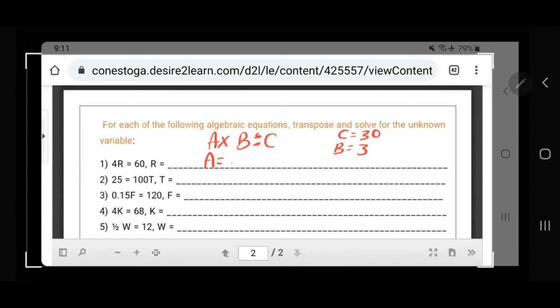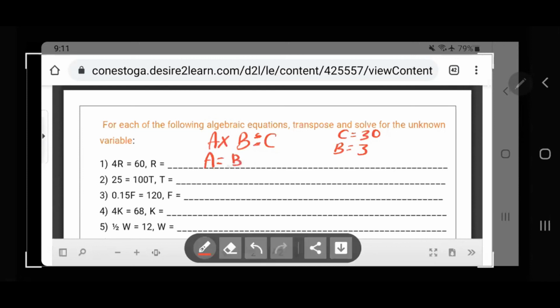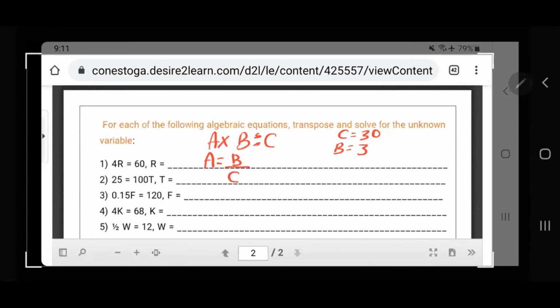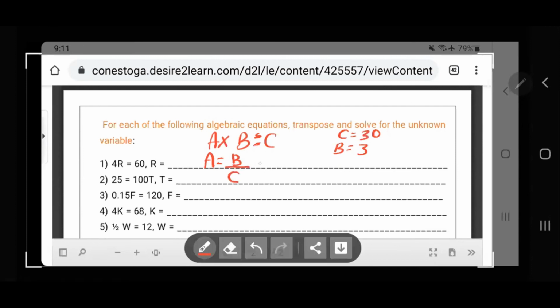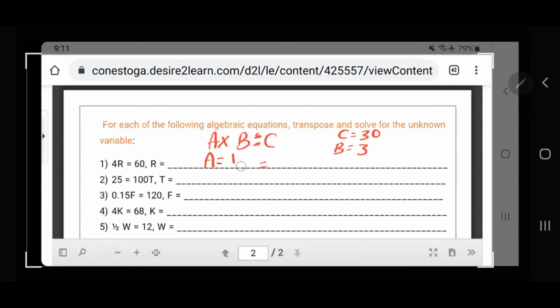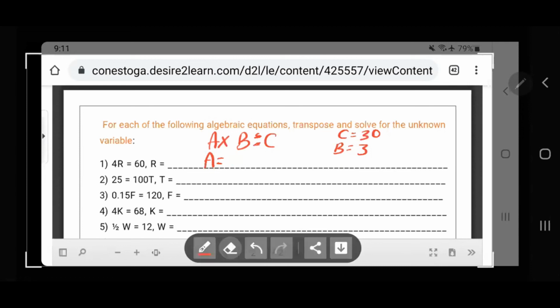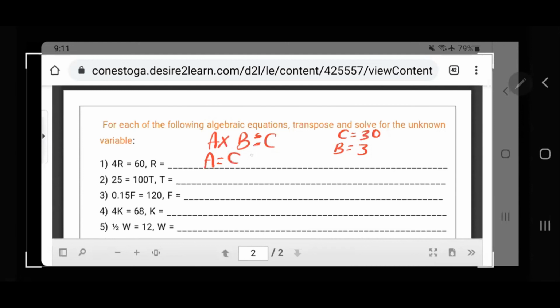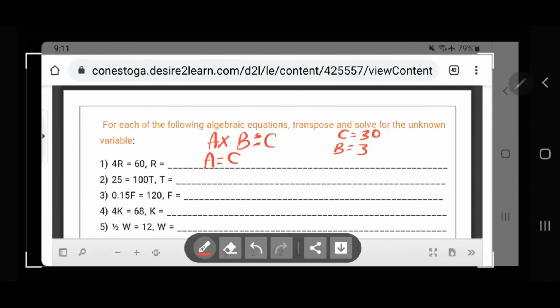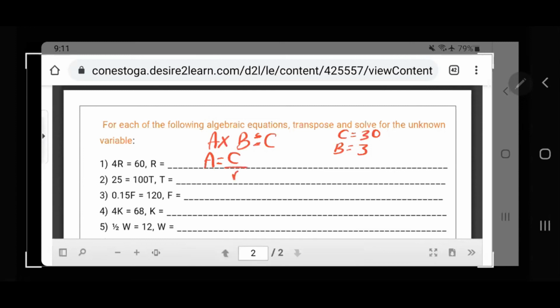So we are going to have that A is equal to B divided by C. Excuse me, sorry, let me take that back. Just a little typo. So C is not going to disappear. So A is going to be equal to C divided by B.